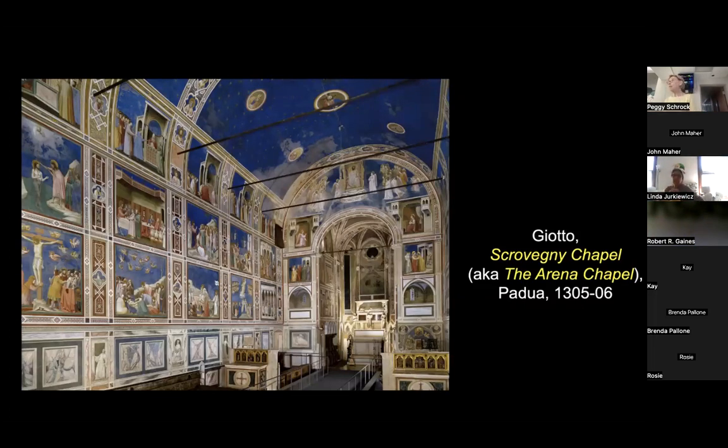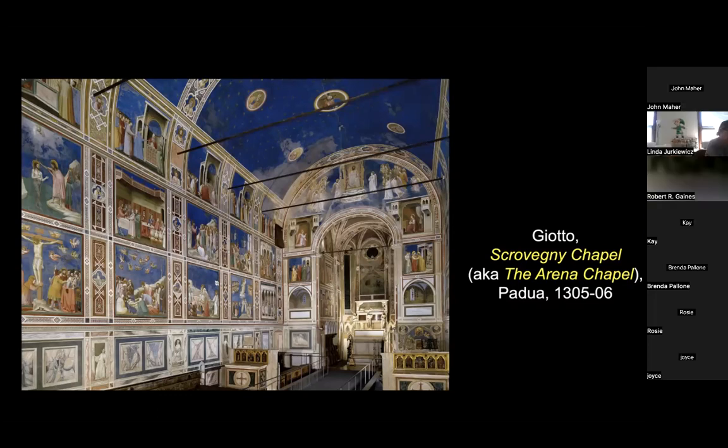his most famous commission, the Scrovegni Chapel, or the Arena Chapel as it's known. It's a freestanding chapel. And when it was built, it was right next door to an old Roman arena that had been in Padua. And so at the time it was built, people always called it, you know, that chapel by the arena.